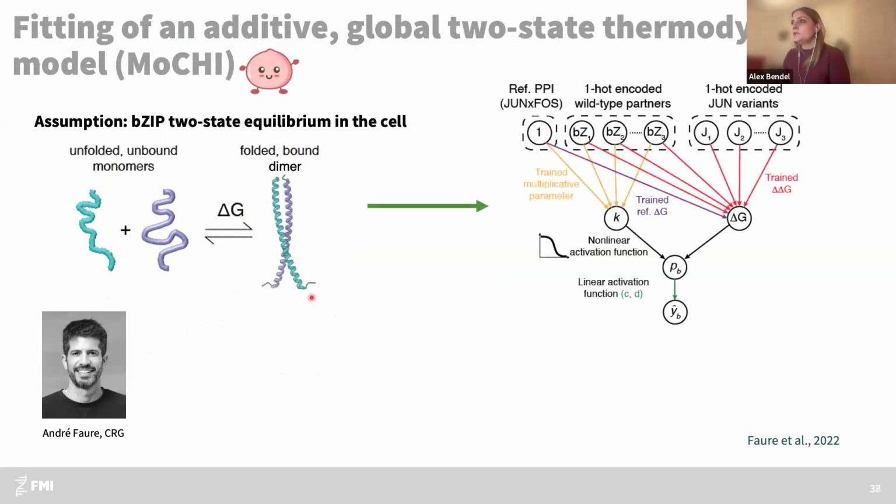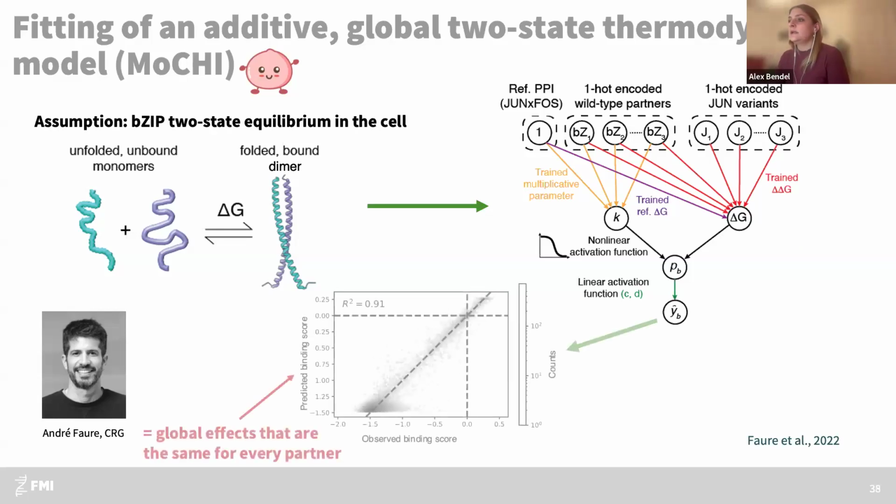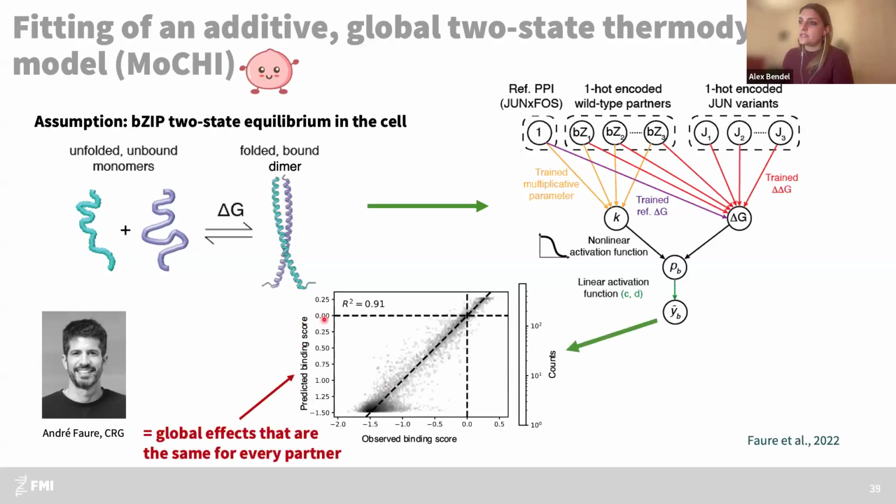And MOCHI then, under the assumption that all mutations are additive, infers these delta Gs for the different mutations that represent the delta G that is shared across all partners. When we plot these predicted binding scores versus observed binding scores, we see that they correlate very well, which confirms that indeed most mutations have a shared effect across all partners.